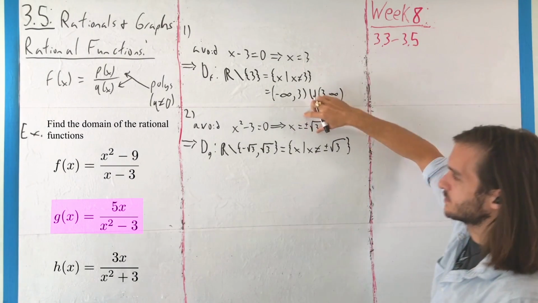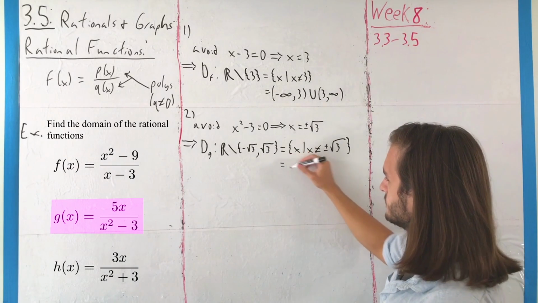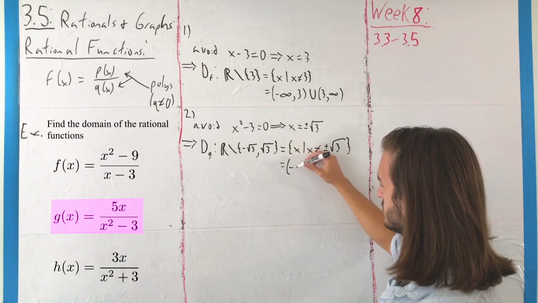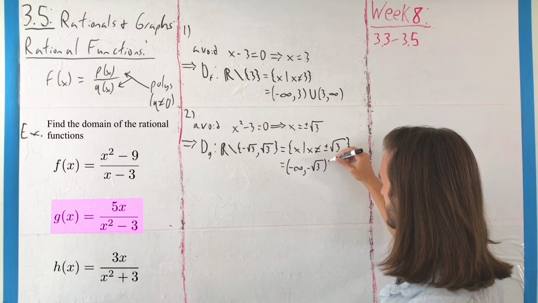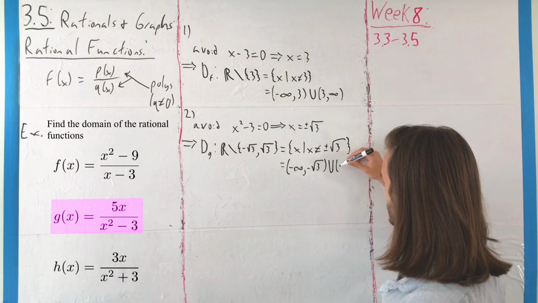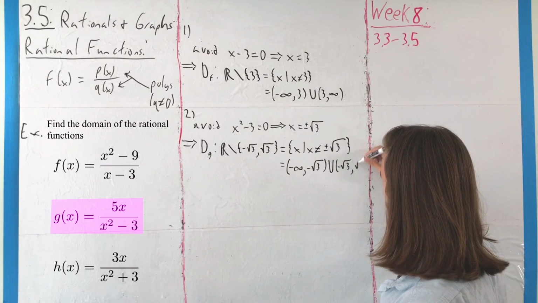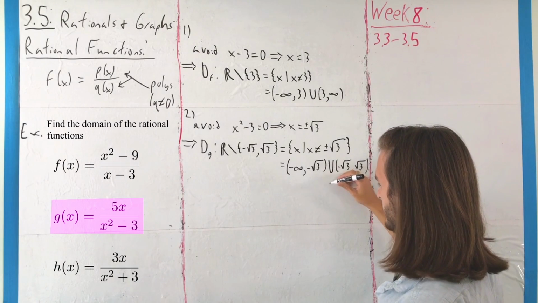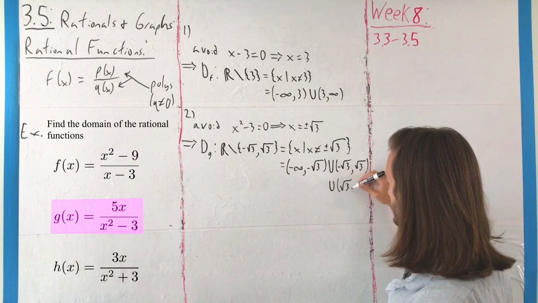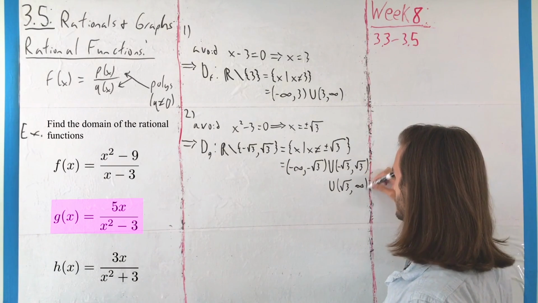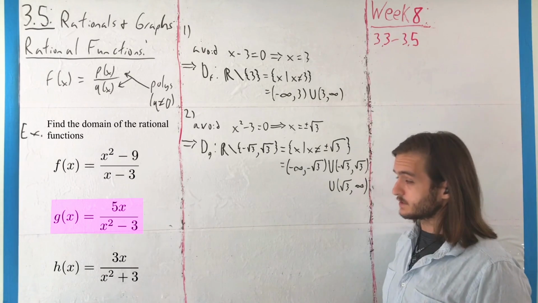Again, it's essentially just taking this sort of thing and putting it with a little bit more exacting language as a set. Or, if we prefer to use intervals, the interval from negative infinity to negative root 3, along with the interval from negative root 3 to positive root 3, and I'm out of space, so I'm going to have a bad notation here, but we're also throwing in a union for everything past root 3 as well, because the only issues are at those 2 points specifically, so we can talk about it in any of these 3 ways.